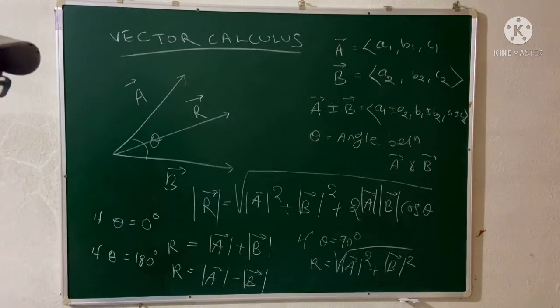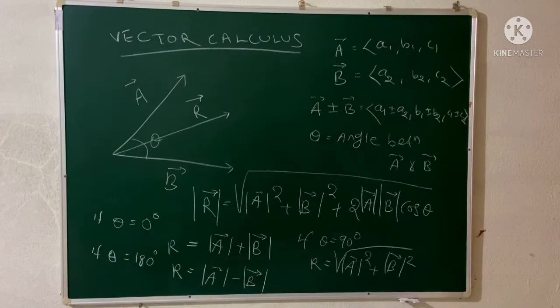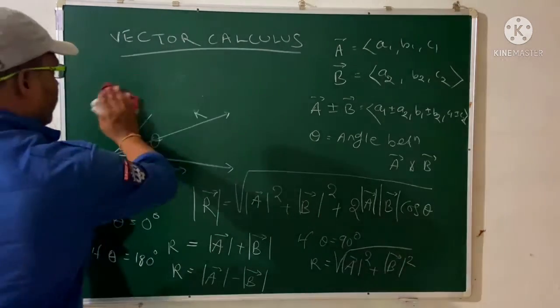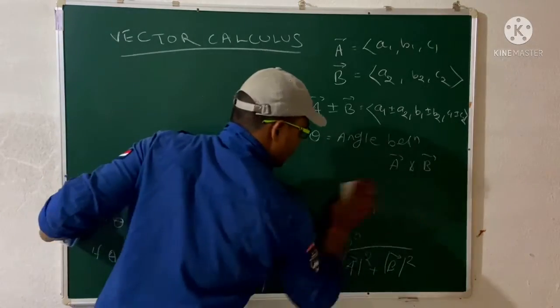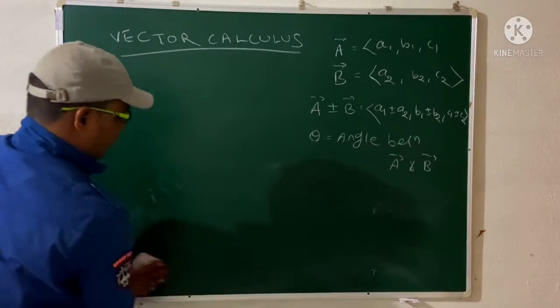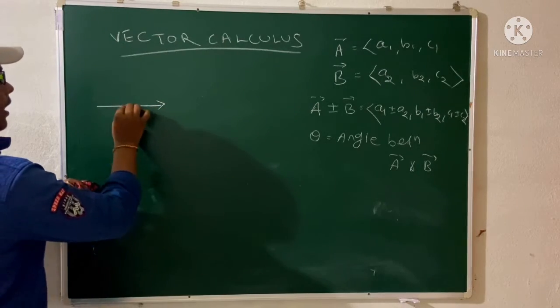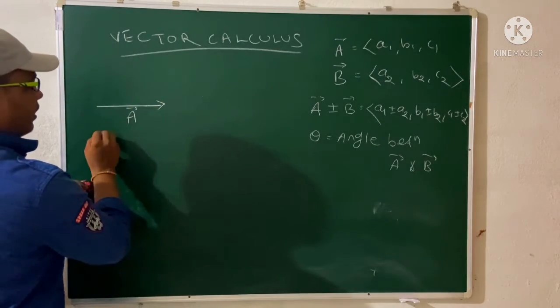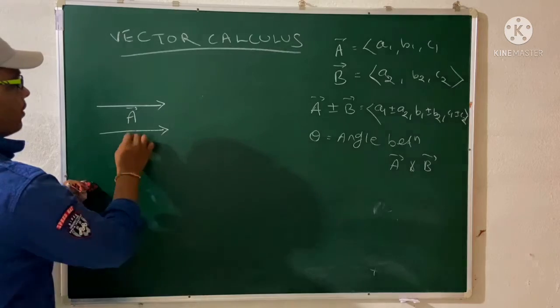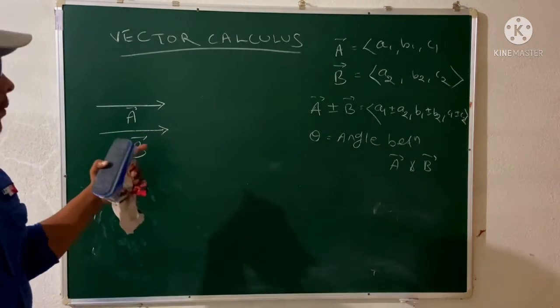Now if you look at the physical part, we have an a vector here and another b vector here, both in the same direction.